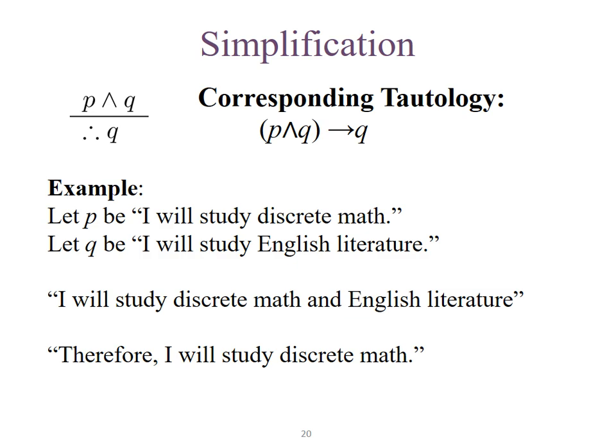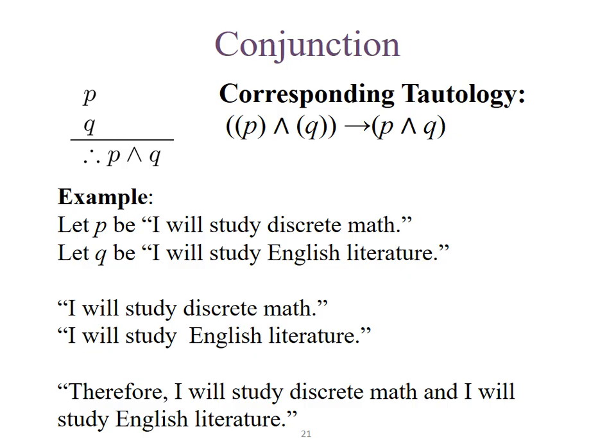For simplification, actually you can remove the other variable and the rest is true. Next one, conjunction. If P is true and Q is true, then the conjunction P and Q will be true. Okay, this is very intuitive.